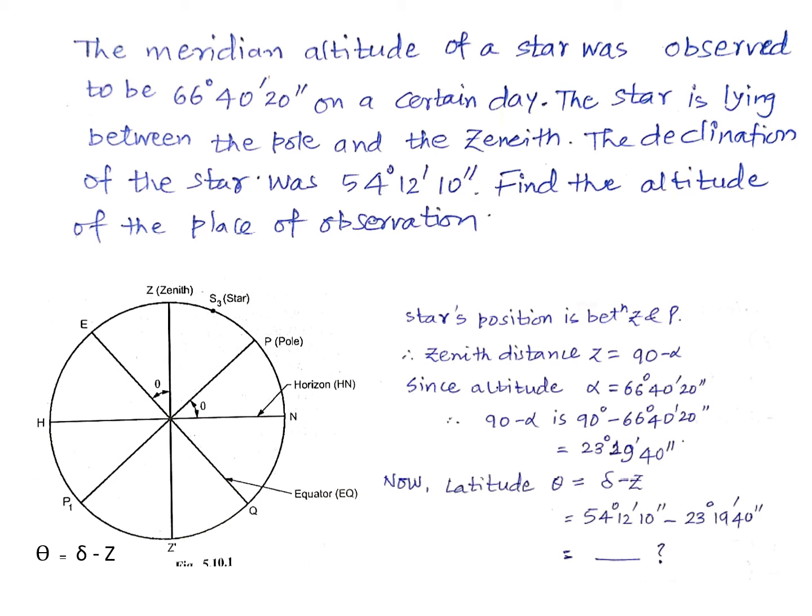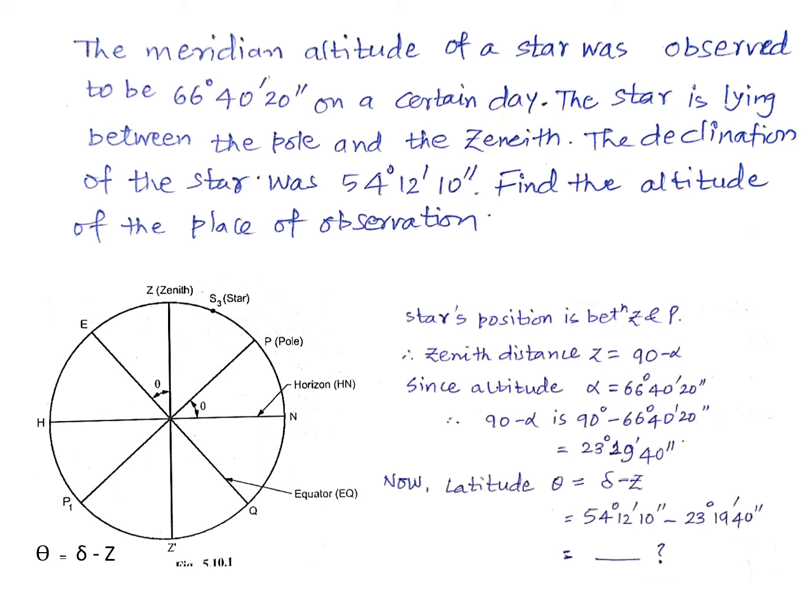Where is the star position? The star position is between the zenith and the pole. So the diagram will be: you can see E, with the pole P. This is N, and H is nothing but your south, opposite that. Here you can see P1, the south celestial pole, and P stands for the north celestial pole. Okay, so you identified where the star is.